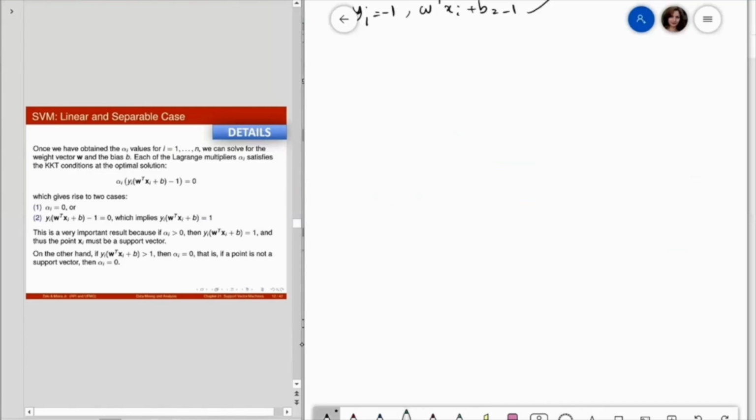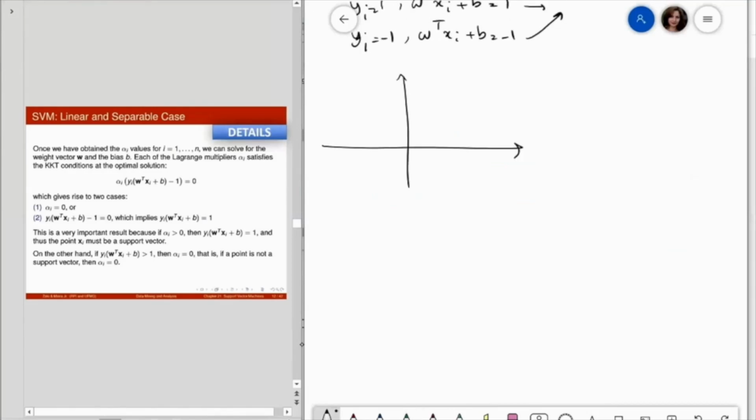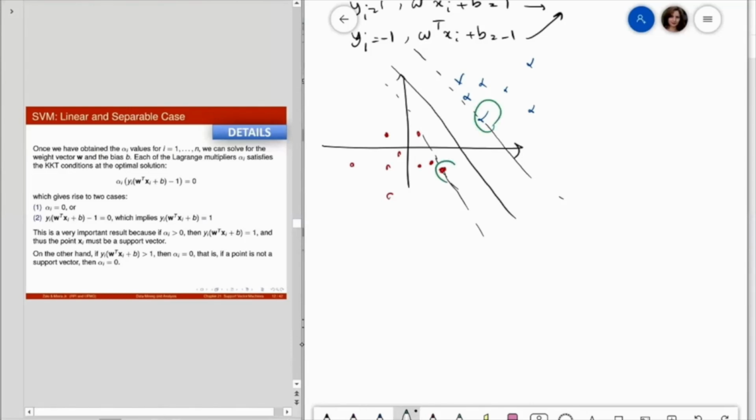What does it mean? This is an interesting result. It means that if I have two classes of data in my data set, the red ones and the blue ones, and I have this SVM classifier with these two margins, then for these support vectors that I have here, I already have yi (w transpose xi plus b) minus 1 equal to 0.